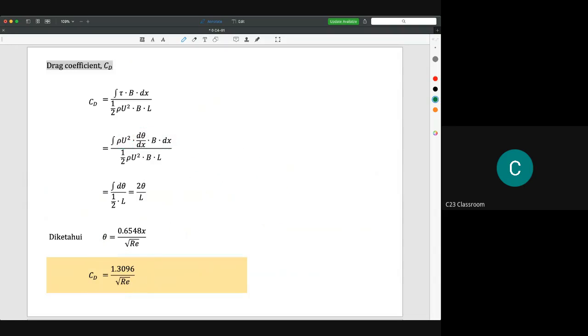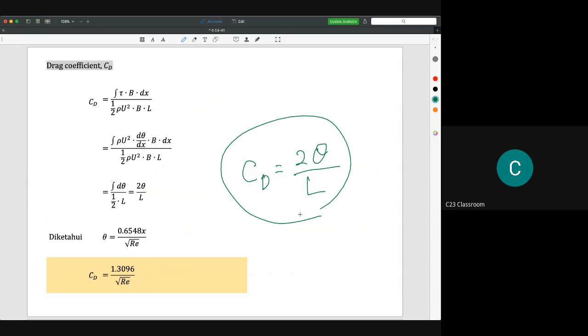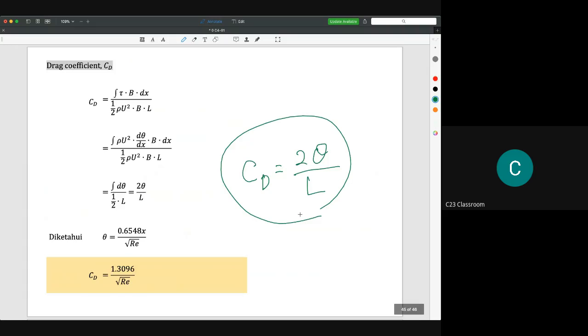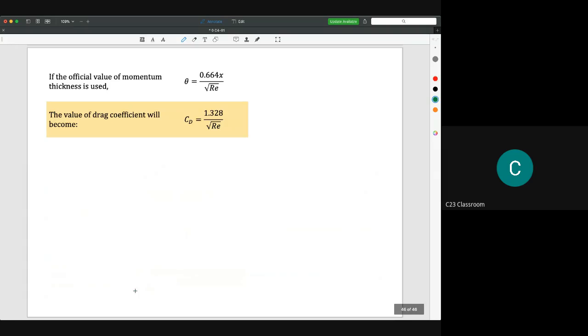So in the von Karman solution, you also could calculate the value of CD by using this equation, 2 theta over L. This is the simple equation to calculate the value of CD. However, what we calculated is around 1.3096, but the official value of the Blasius exact solution is 1.328 over square root of Reynolds number.